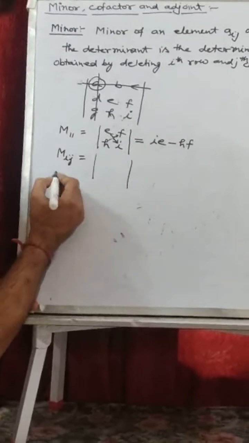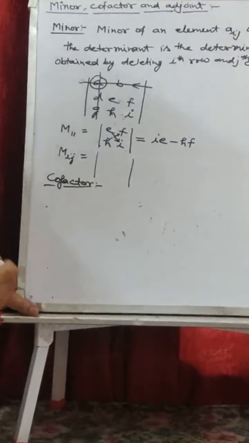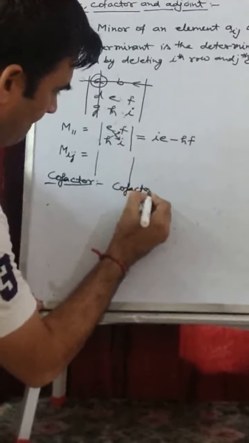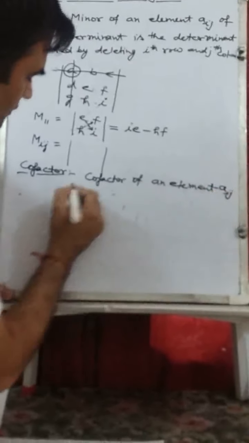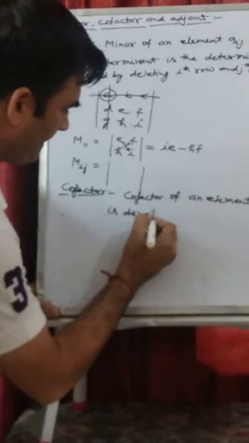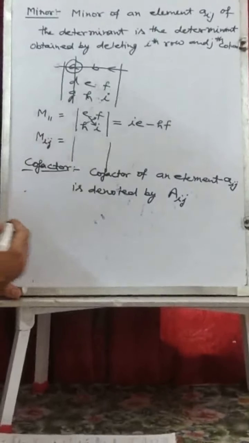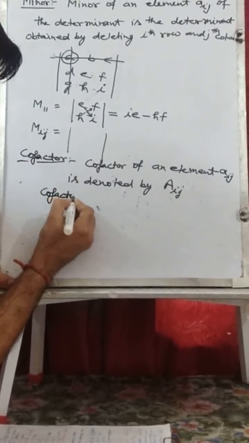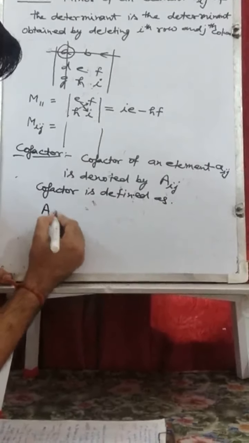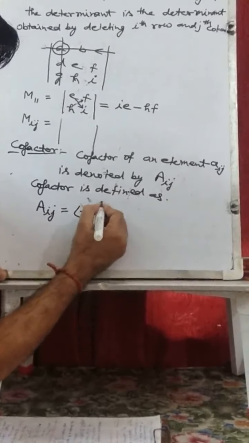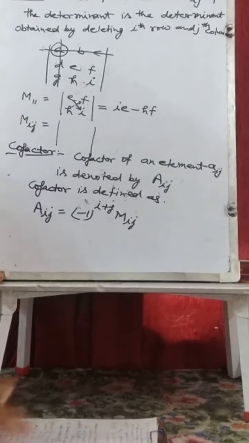Now we see what is cofactor. The cofactor of an element Aij is denoted by capital Aij, and this is defined as Aij equal to minus 1 raised to the power i plus j times Mij, where Mij is the minor of that element.